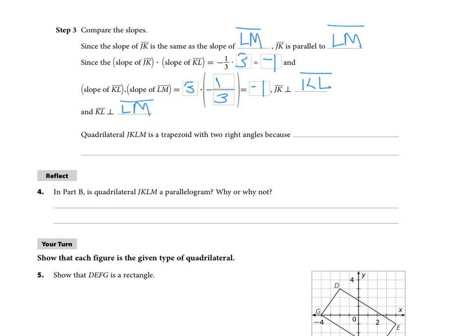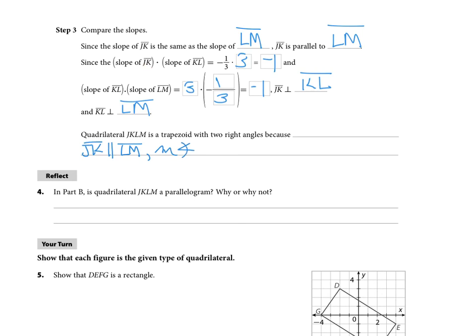because JK was parallel to LM. That makes it a trapezoid. And then the measure of one of the angles, which angle do we know it has to be?